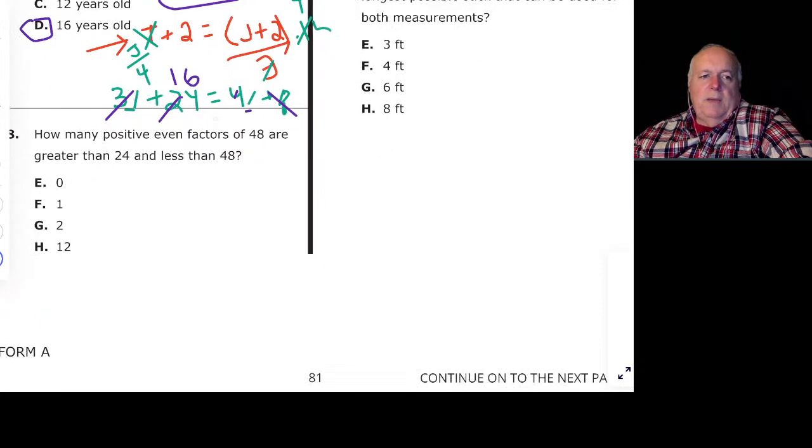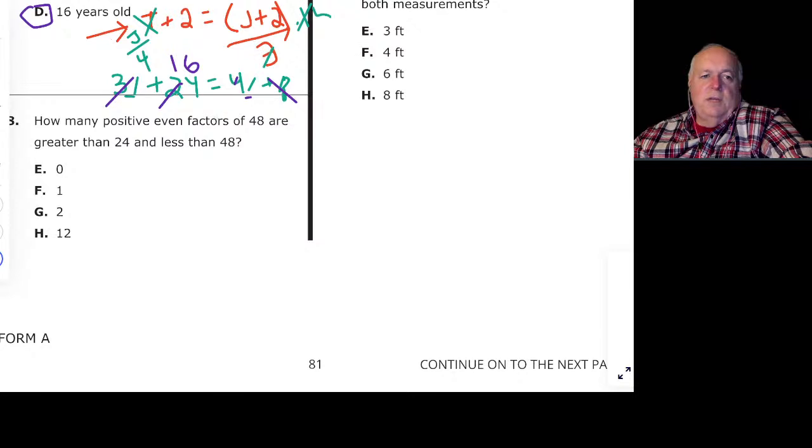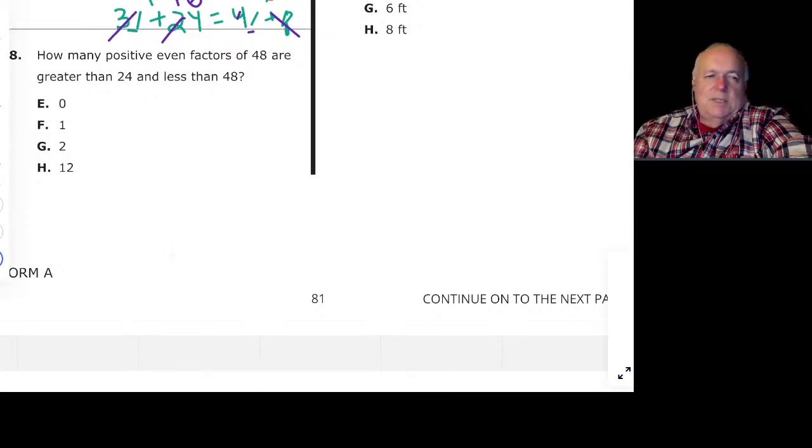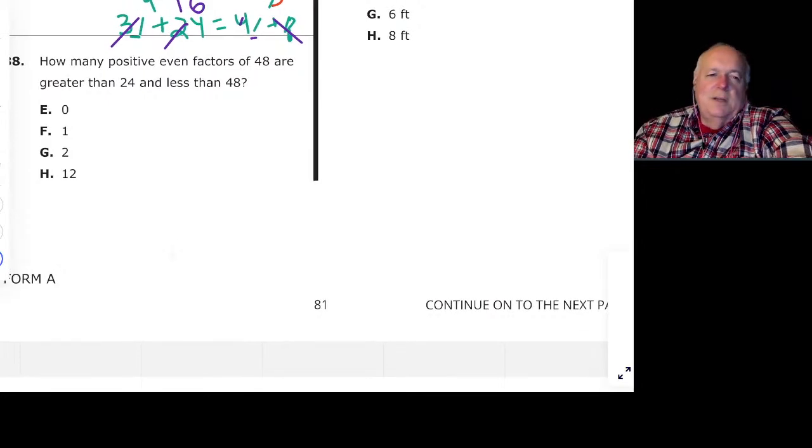Okay, how many positive even factors of 48 are greater than 24 and less than 48? This is just an annoying question, because if we actually go through and do the factors of 48, we have 1 and 48 are 2 of the factors.